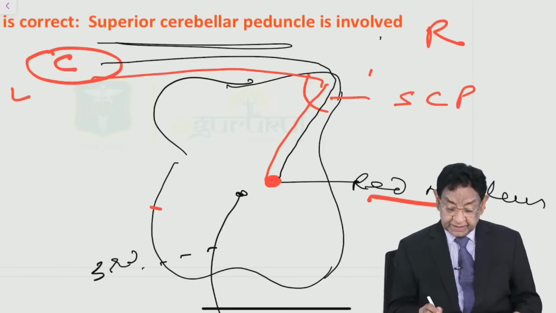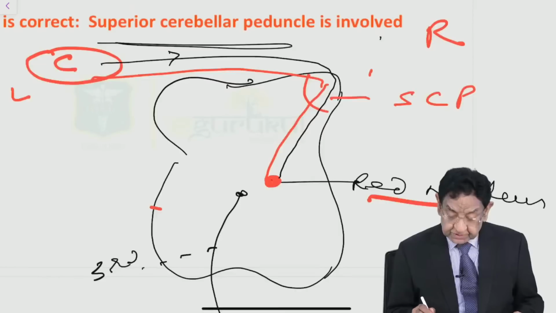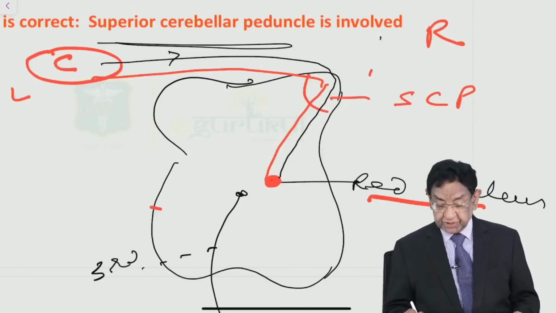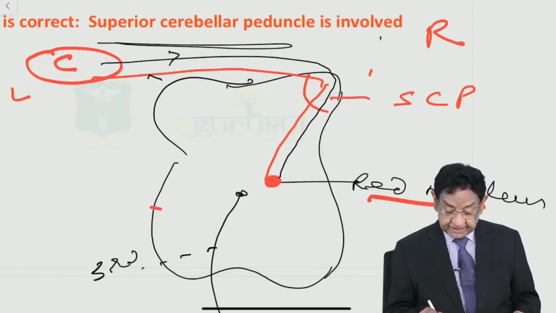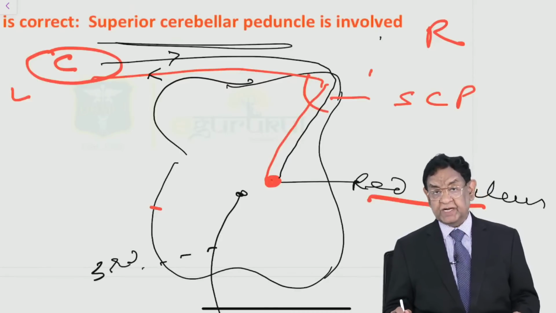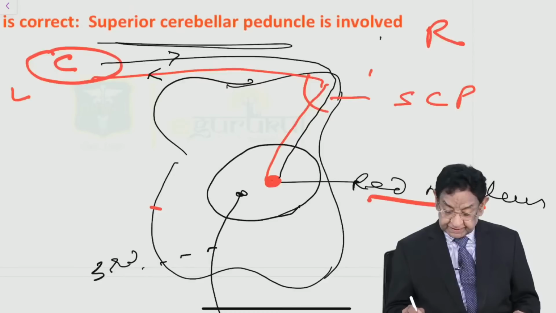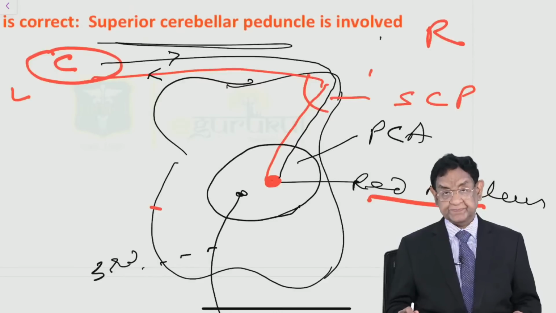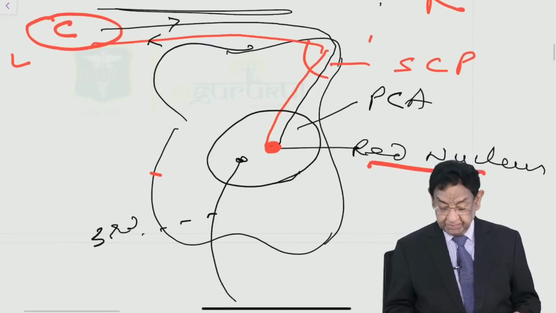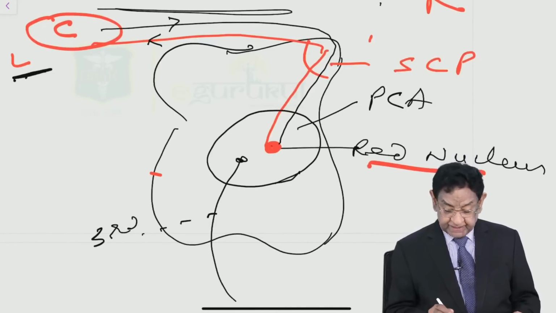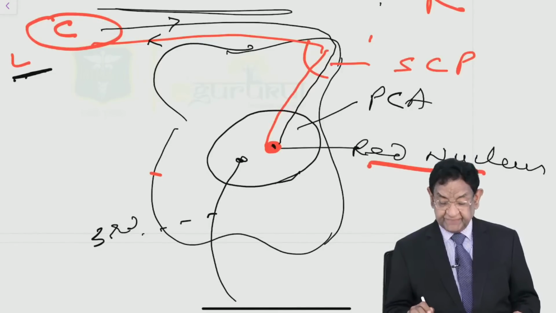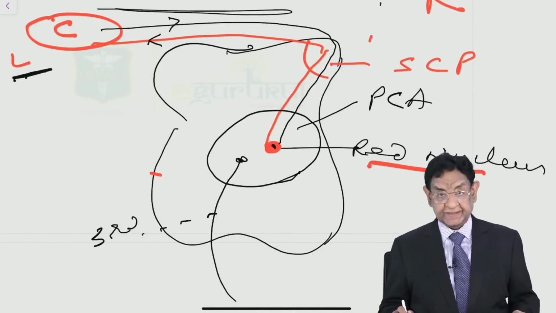It is giving afferent to the red nucleus of the other side and getting efferent from the red nucleus of the other side. Now this part of the brain is again supplied by another branch of PCA. Point to be noted, the cerebellum of the left side is getting afferent and efferent from the red nucleus of the other side.